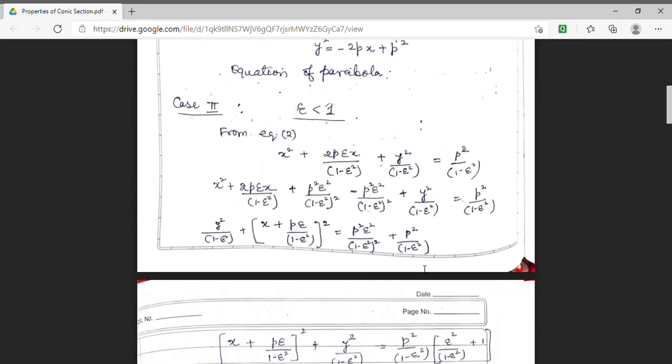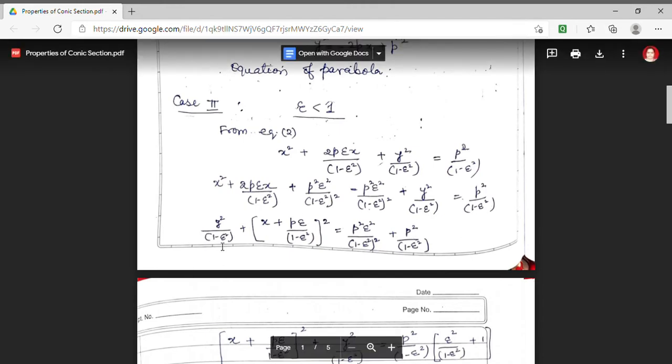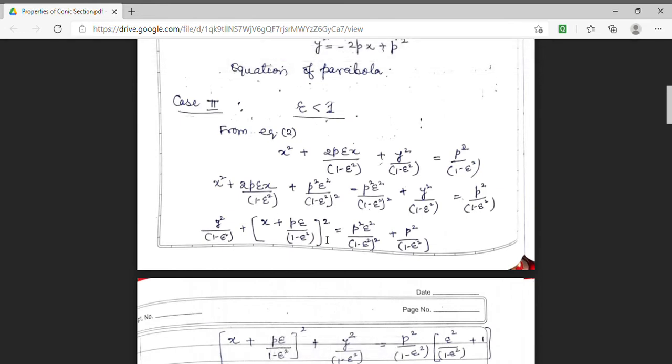Now this equation can be simplified as, this is the term y square upon 1 minus epsilon square. This forms the whole square. So on my right hand side, here I have two terms.